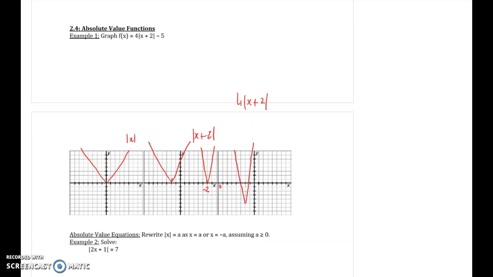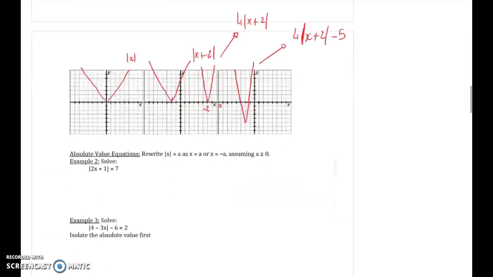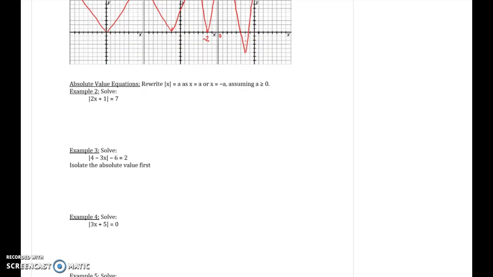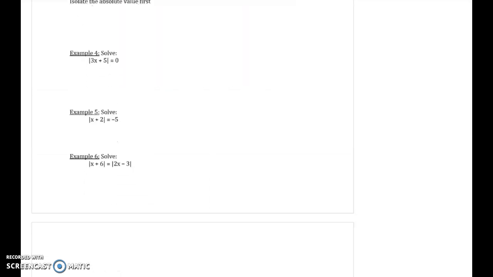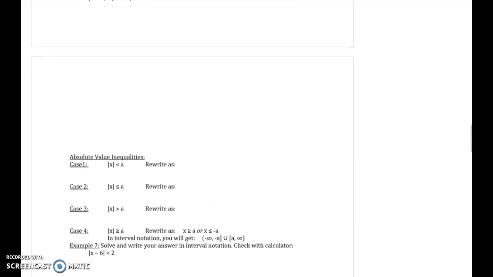There we go. This one is 4 times the absolute value of x plus 2, and this one is going to be 4 times the absolute value of x plus 2 minus 5. I will let you solve examples 2, 3, 4, 5, and 6 by yourself.